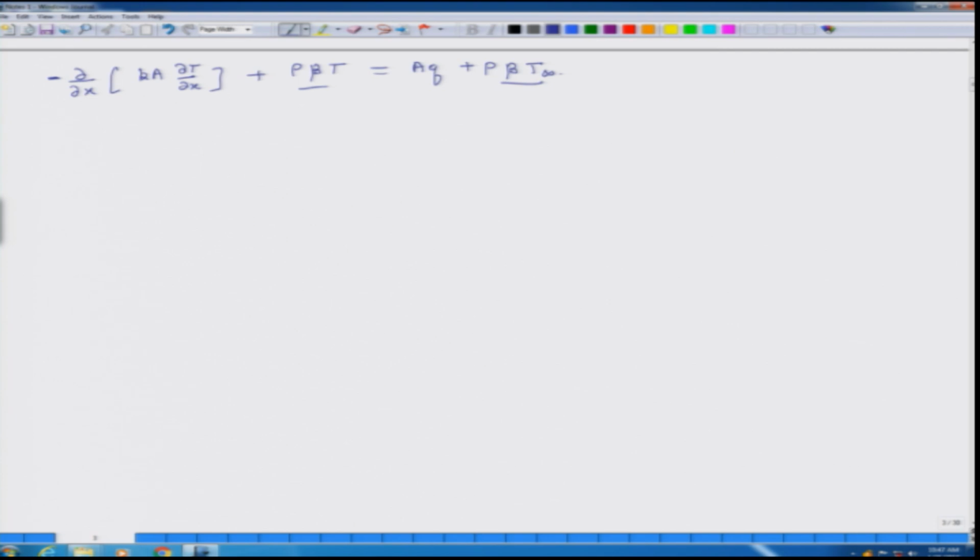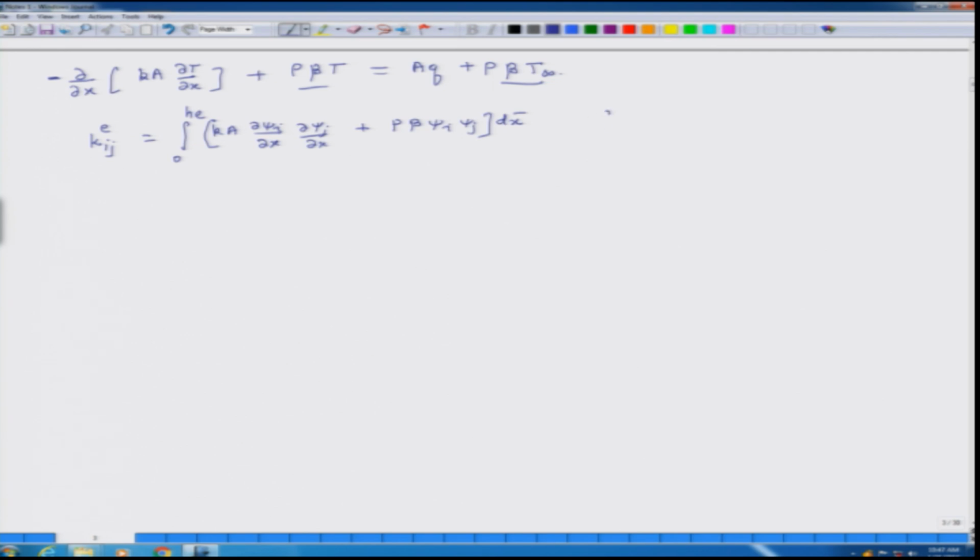Okay. And for this particular equation, the stiffness matrix elements we had defined were, so that is my stiffness element.